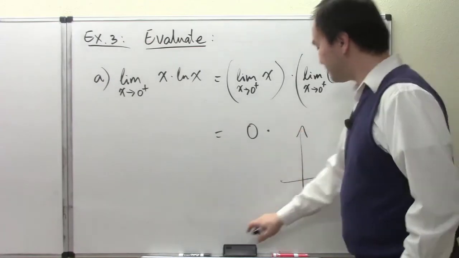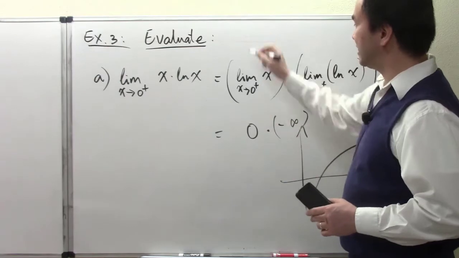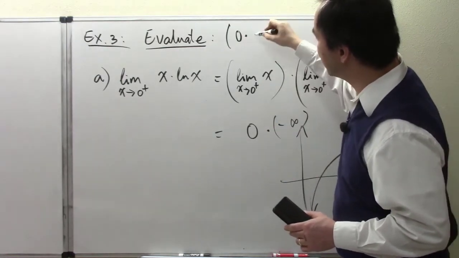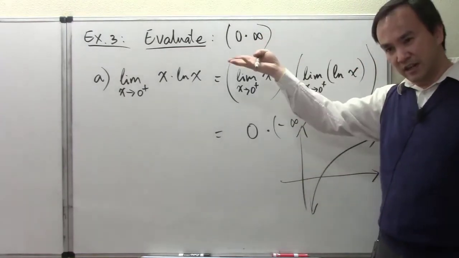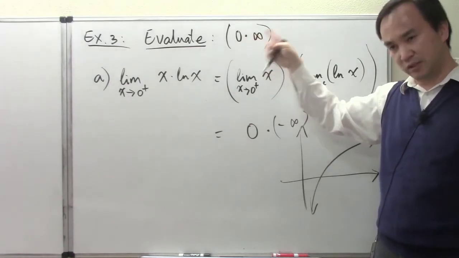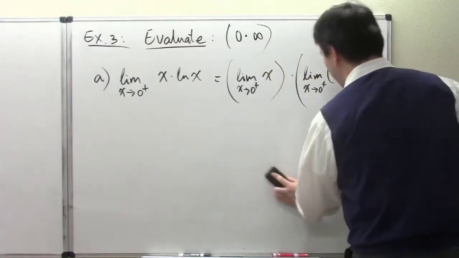So this problem is in that family of indeterminates, 0 times some kind of infinity. I wrote infinity when I was introducing that form, but it could also be negative infinity. So here we have an indeterminate.